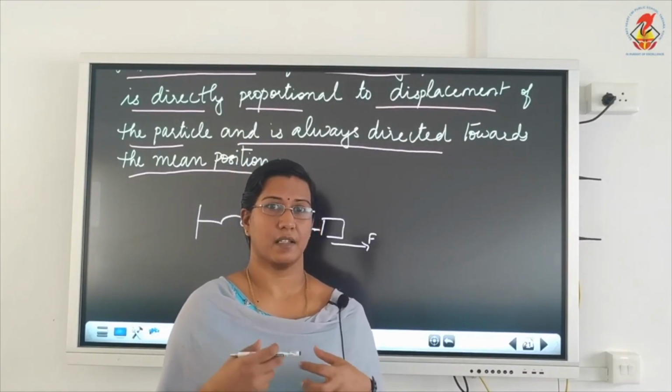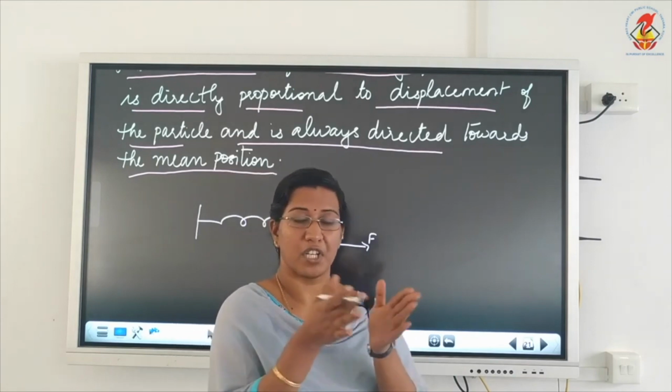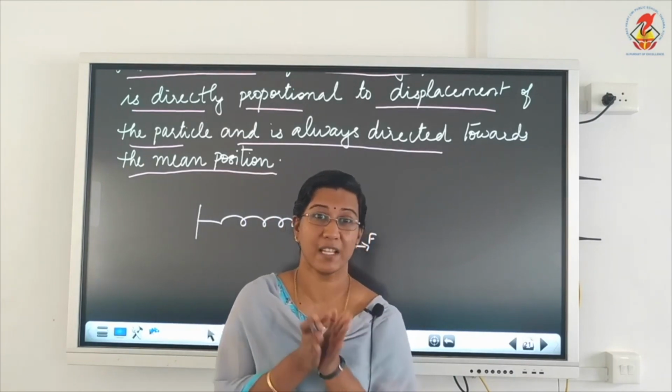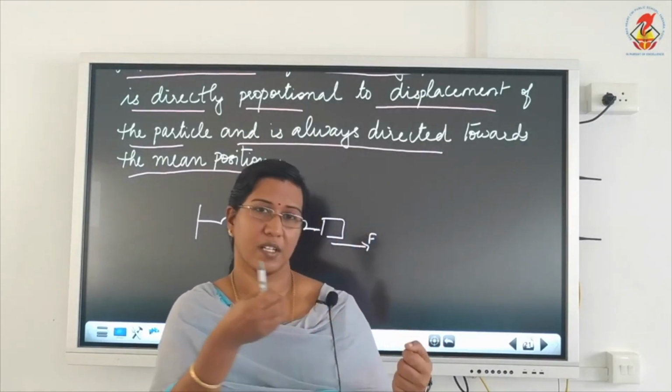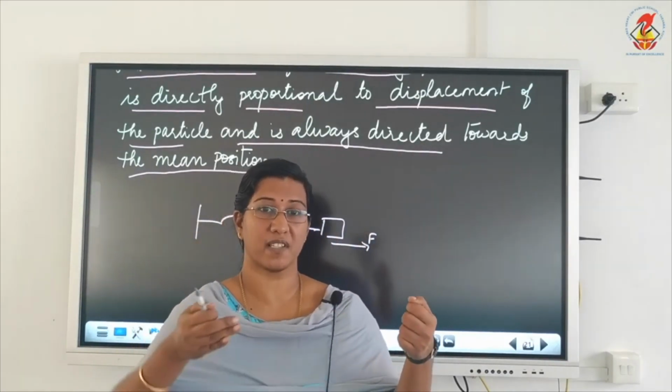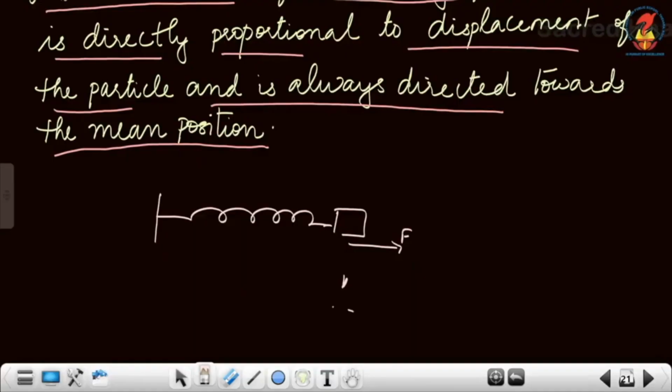It has a tendency to come back to its initial point or initial shape with the help of a force known as restoring force. So as I am pulling the spring to one side and as I am releasing my hand, what happens? The spring will try to go back to its initial point, but it doesn't stop at that point. It goes to the other side, again comes back to the initial point, and this to and fro motion can keep on happening.